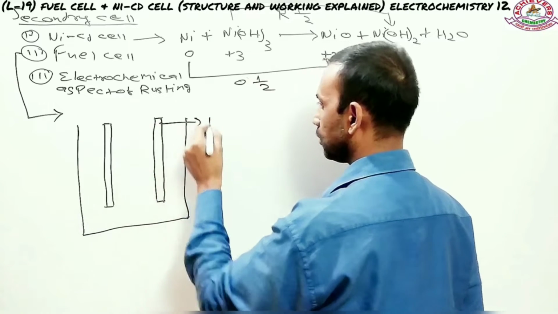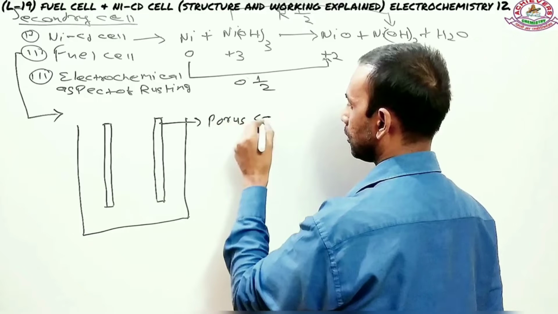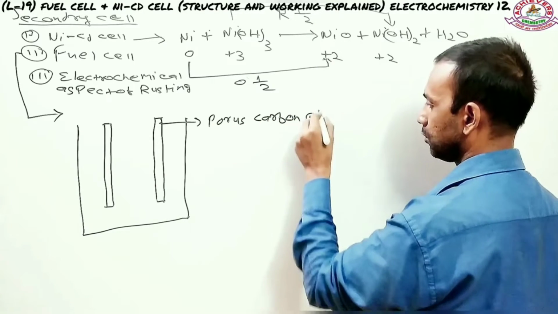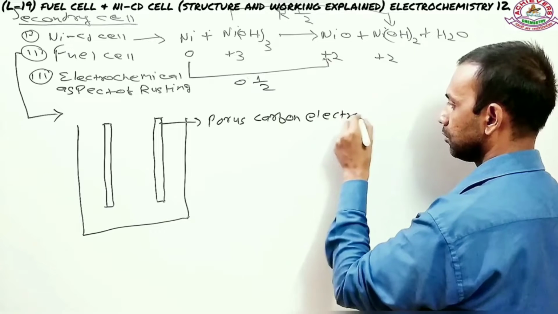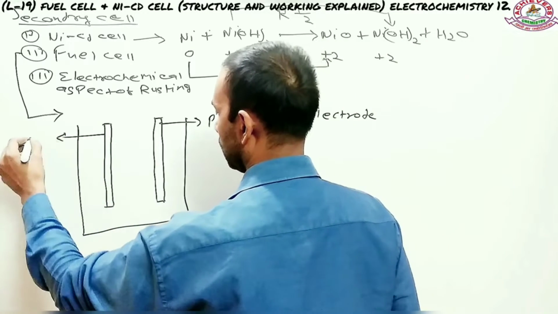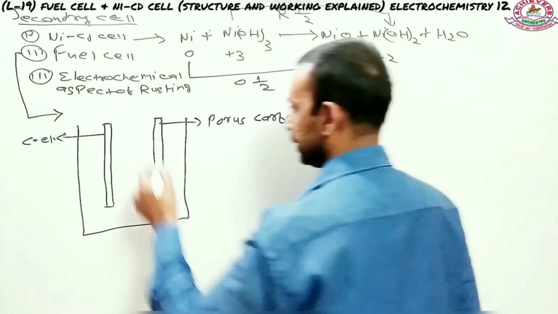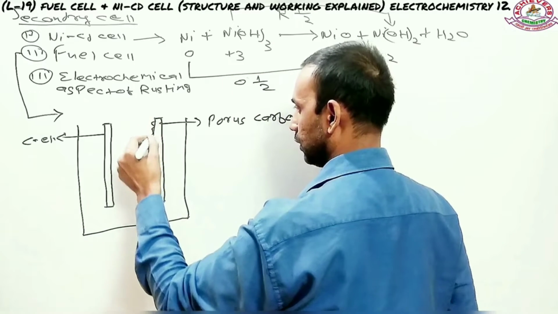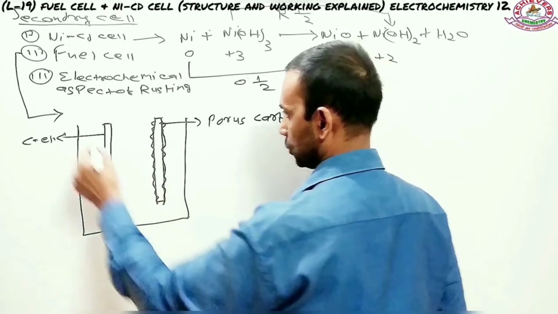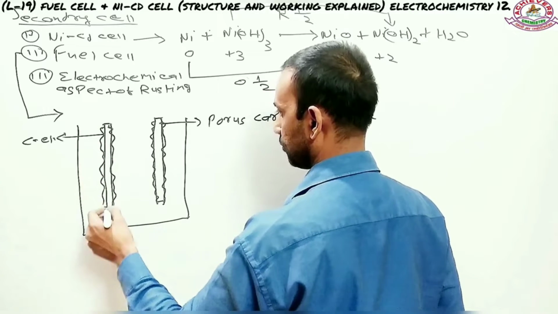This one is a porous carbon electrode. This one is also a carbon electrode. These two have a little amount of platinum and palladium as well.